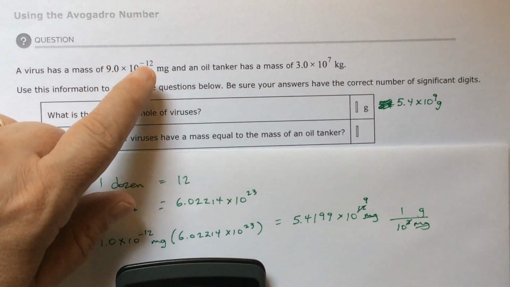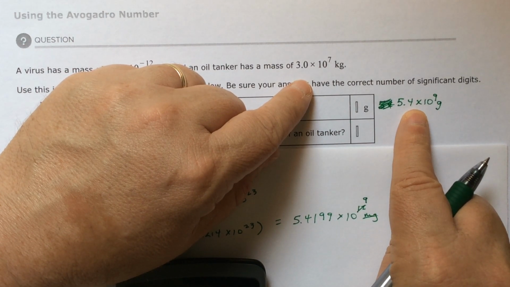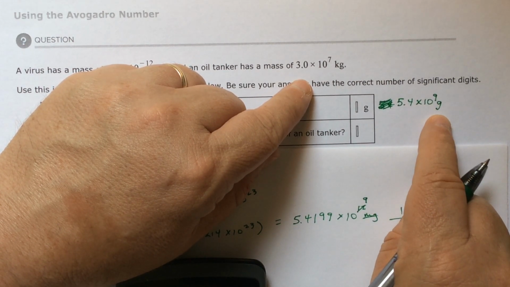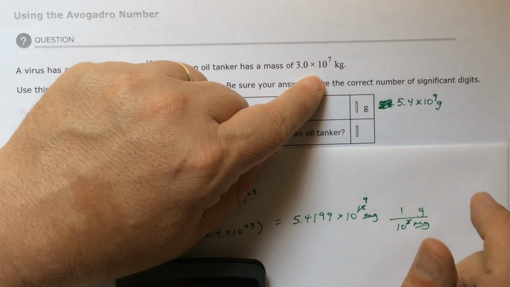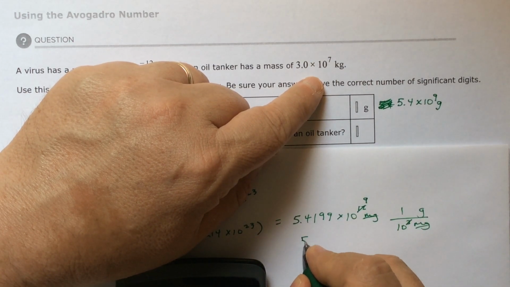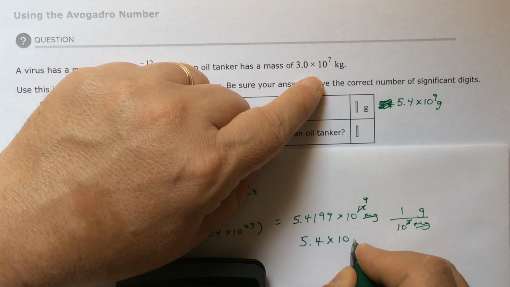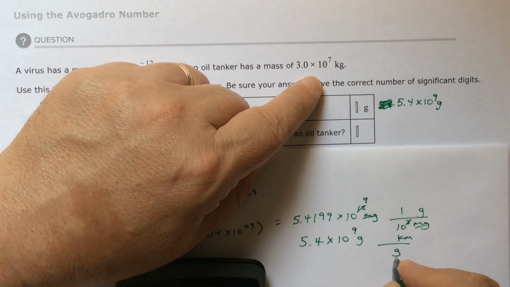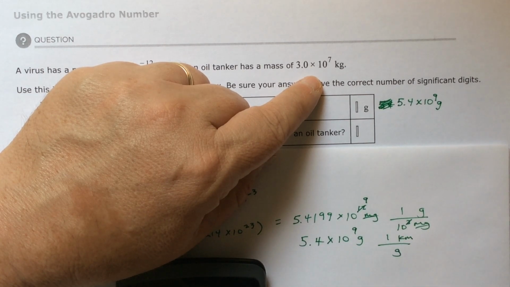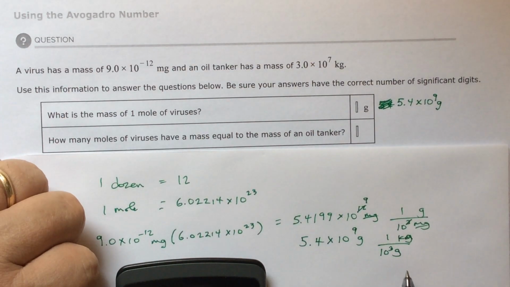Now, that's what 1 mole of viruses weighs. That's 5 billion grams. So I'm going to need to find out how many grams are in a kilogram, and turn this into kilograms. So 5.4 times 10 to the 9th grams, and gram going to kilograms. Grams is on the bottom, canceling. Kilogram is bigger. Kilo is 1,000, so 10 to the 3 grams in a kilogram.